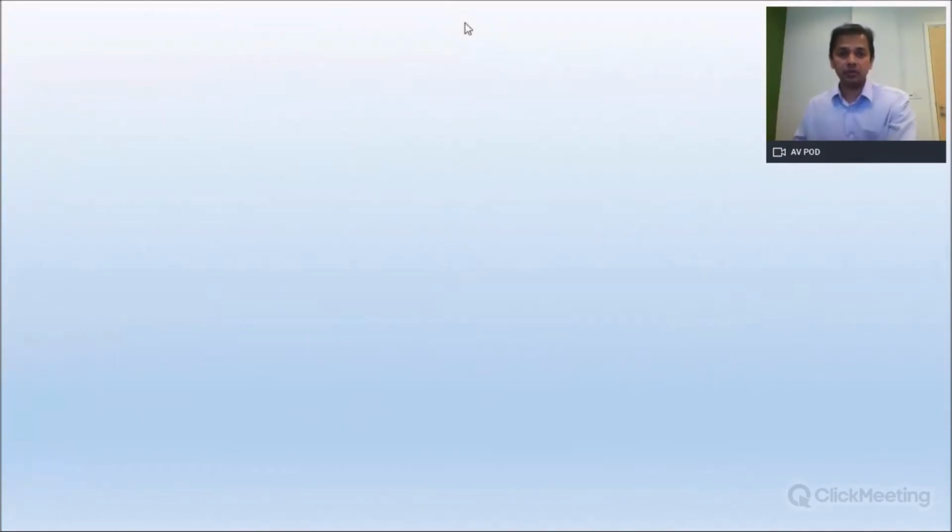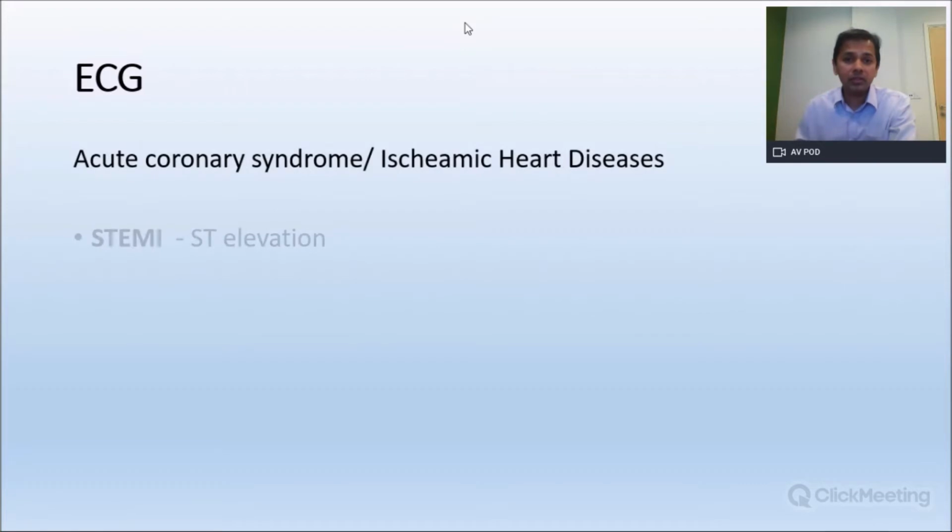When they come with chest pain, whether it's atypical or typical, the first thing you should do is an ECG. Make sure that this patient is not in acute coronary syndrome. If your ECG shows ST elevation in at least 2 leads, it means that this patient is having a massive heart attack.